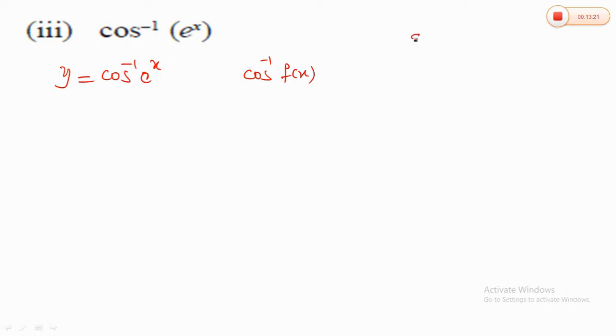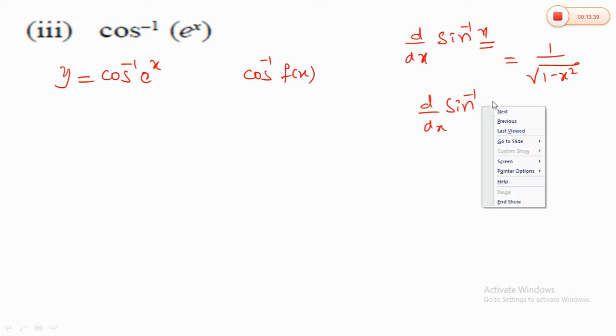We know that d by dx of sine inverse x is 1 upon root of 1 minus x square. Similarly, dy by dx of sine inverse x square.